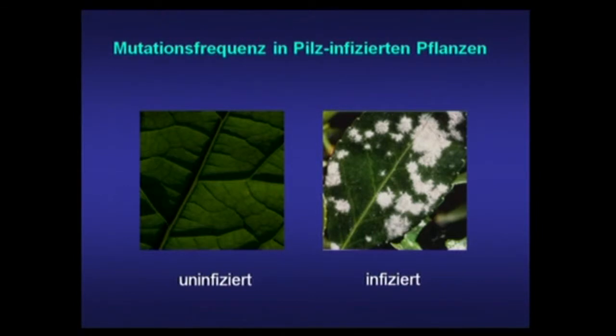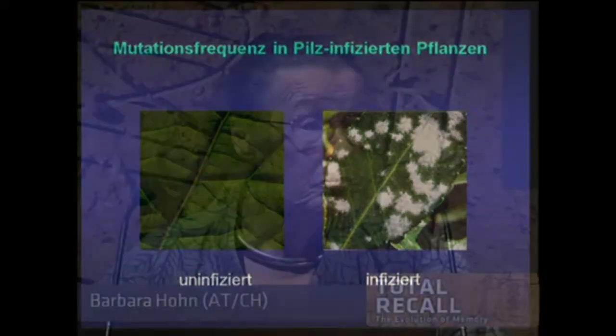Not just radiation changes the DNA, also fungi change the DNA. We infected our plant with fungi, and the rate at which mutations occur increases. This is something that was absolutely unknown before. And what's even more interesting, and we only found out by chance years later.